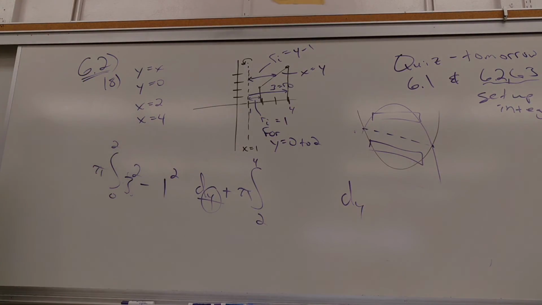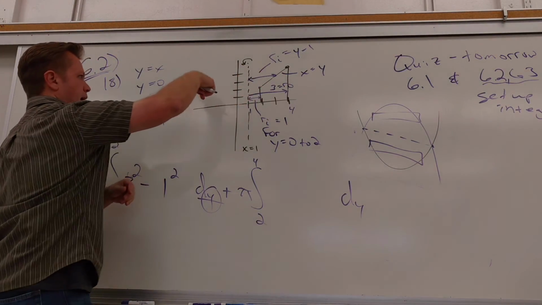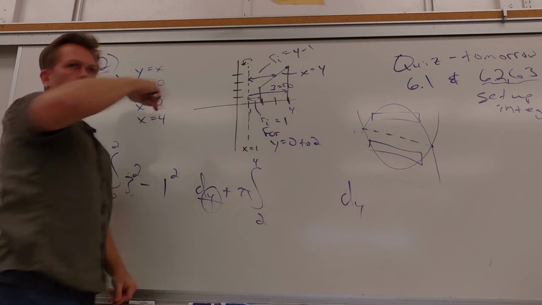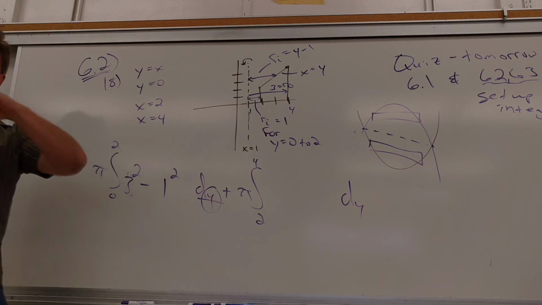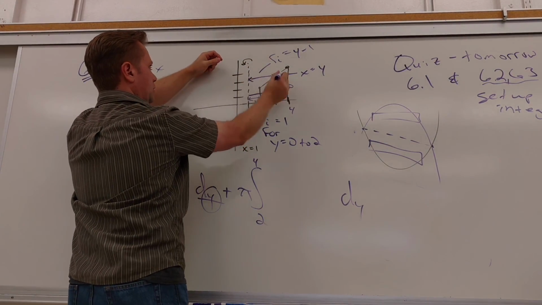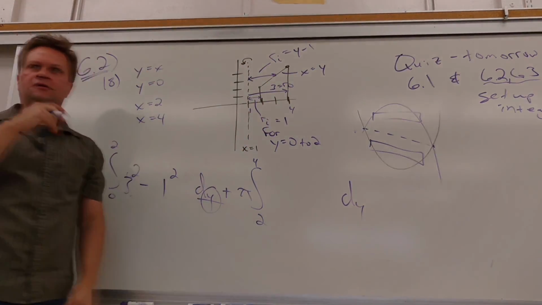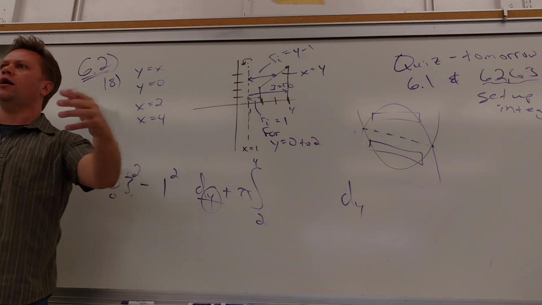That's nice. Because from here to here, this is just one big circle minus a tiny circle. The radii stay the same length the whole way. Then all of a sudden this big circle minus constantly changing size circles.